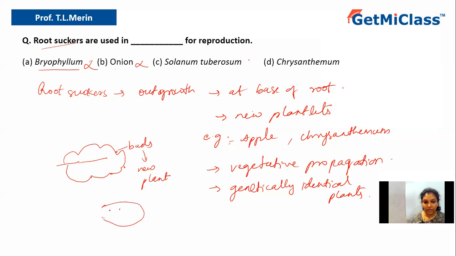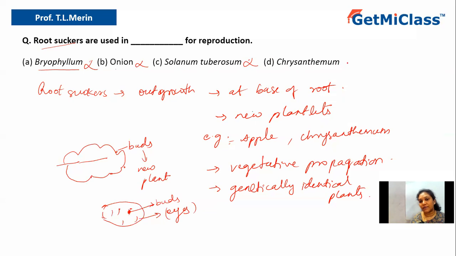You have tiny notches like this, and if you leave them for a few days, these notches will give rise to tiny buds. These notches are called the eyes. These eyes can be cut and buried to give rise to a new plant. So option C, Solanum tuberosum, doesn't produce root suckers. They reproduce by the eyes of the tuber. That is the vegetative propagation I'm talking about.